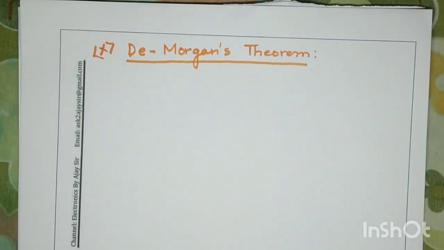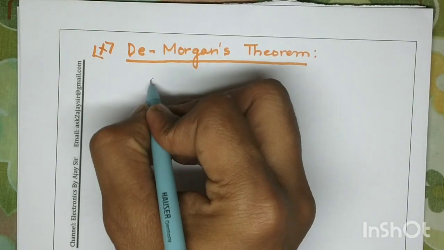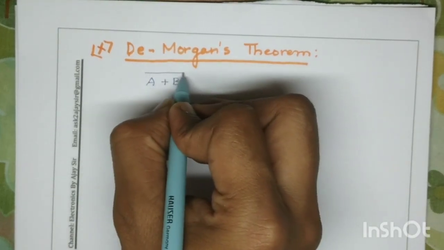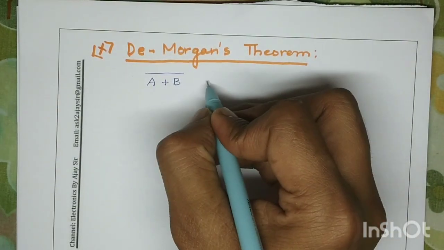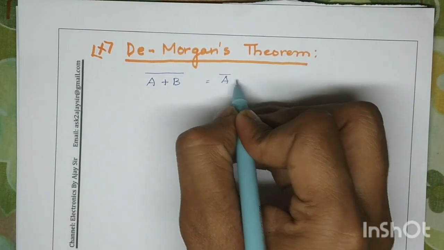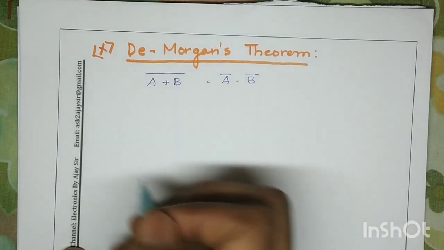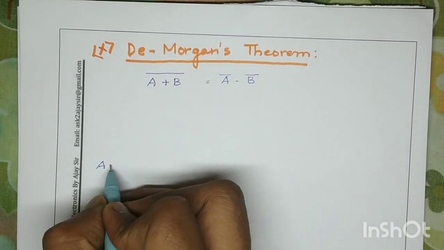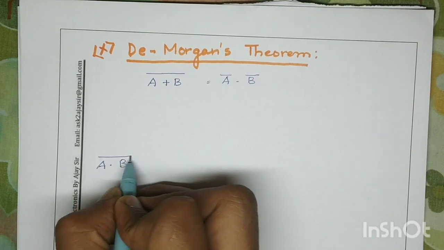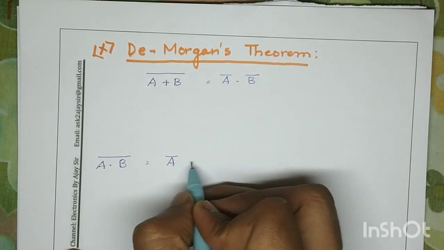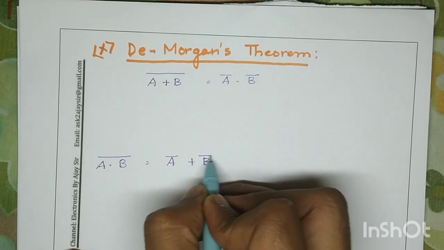In De Morgan's theorem we have two laws. One, it is A plus B whole bar is equals to A bar dot B bar, and the next is A dot B whole bar is equals to A bar plus B bar.